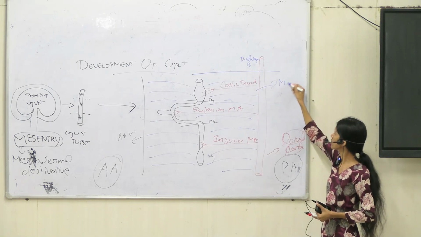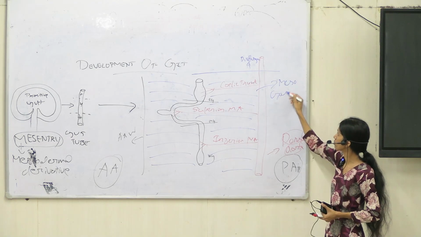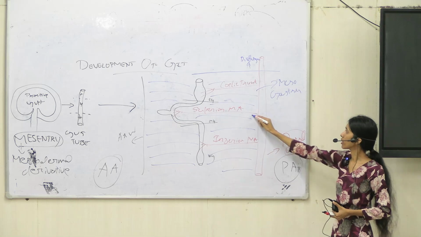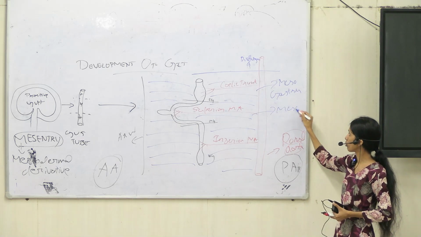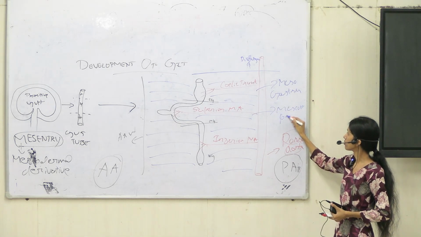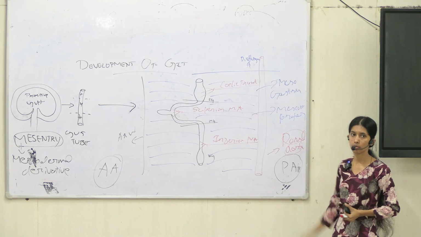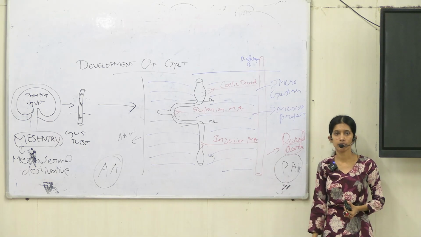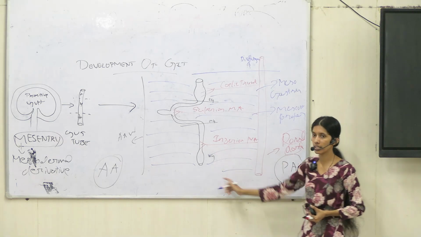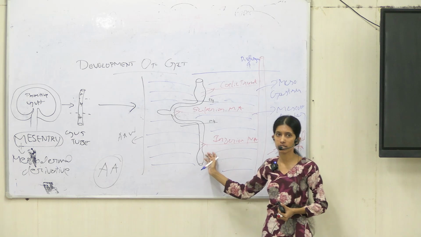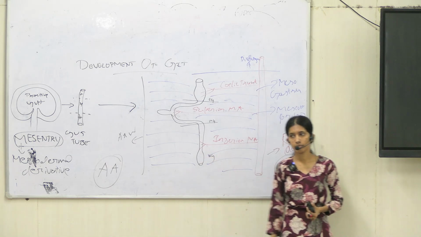Here it's called Mesogastrium. Here Mesentery Proper. What about the hindgut region? Here it will give attachment to your large intestine in the hindgut part.